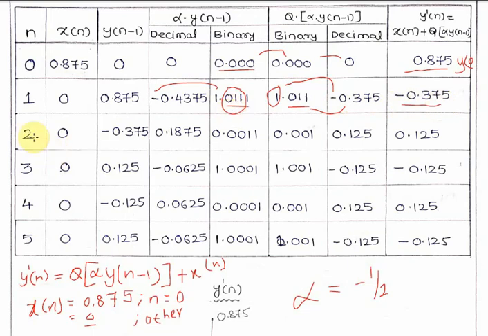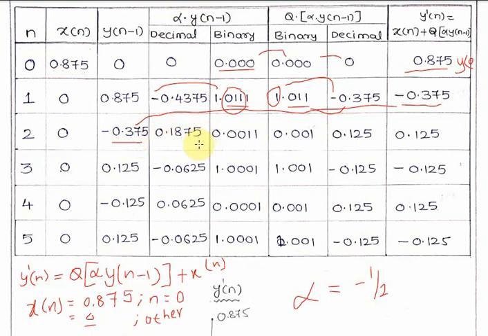Now n value 2, input x of n value 0. Y of 2 minus 1 is y of 1, that is the previous output, minus 0.375. If we multiply this y of n minus 1 with alpha, minus 1 by 2, y of n minus 1 value minus 0.375, minus into minus is plus 0.1875.